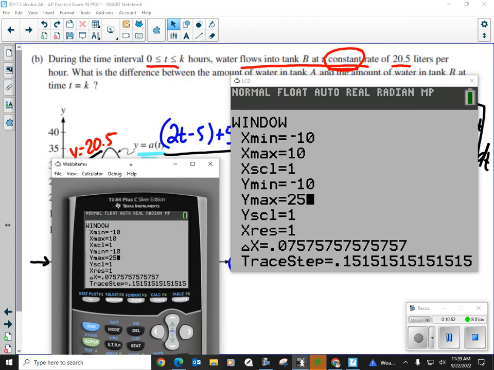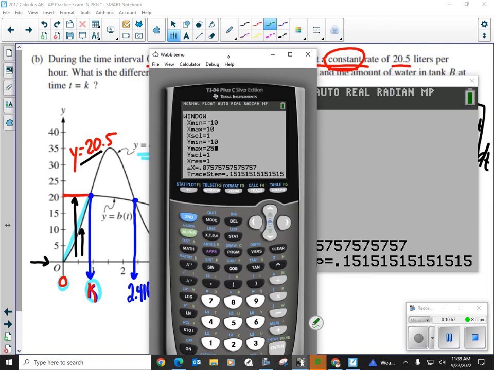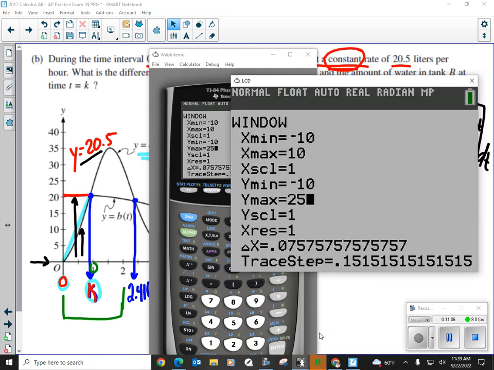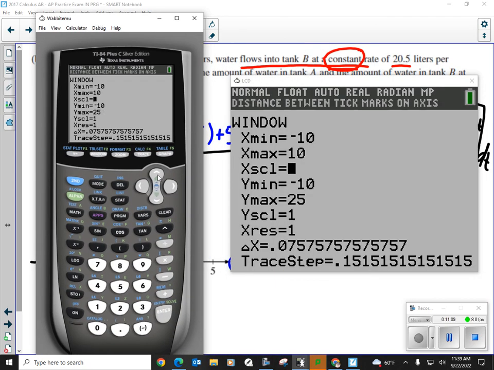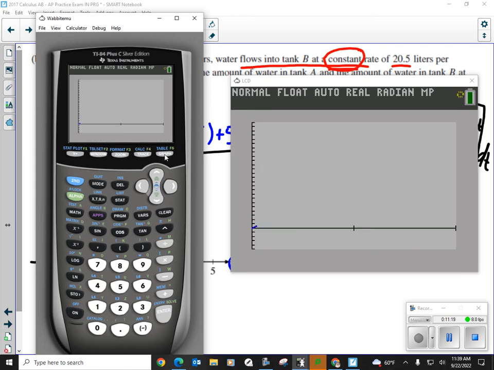And does it give me an interval? No, 0. Well, if I look on my paper here, K is less than the number 1, okay? But let's go from 0 to 2 on the x-axis. Okay, let's just look at this part. We don't have to change that, but I like to be precise if I can. Let's go 2, 0, and let's graph that. I don't even need negatives here, but I go -5. Let's graph that. All right, there is my A of t in all its glory, moving slow as a snail.